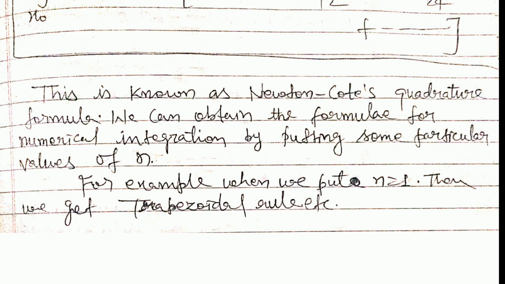And when we put n is equal to 3, we get Simpson's 3/8 rule. In this way we can find the different rules of numerical integration, but this is the original formula for numerical integration, known as the Newton-Cotes quadrature formula.